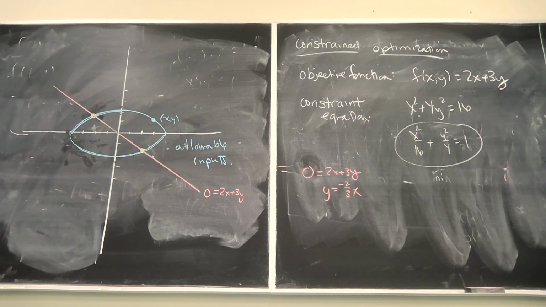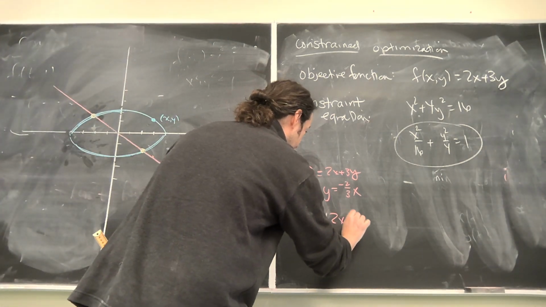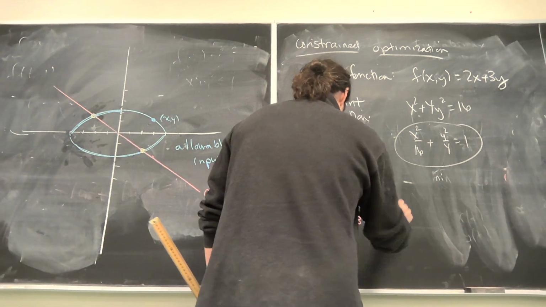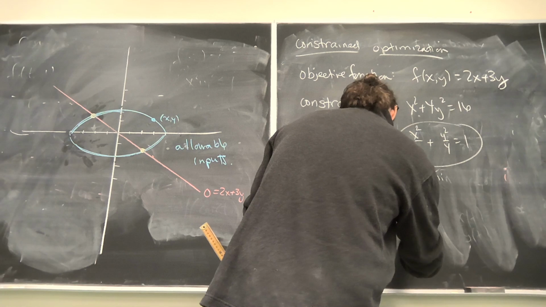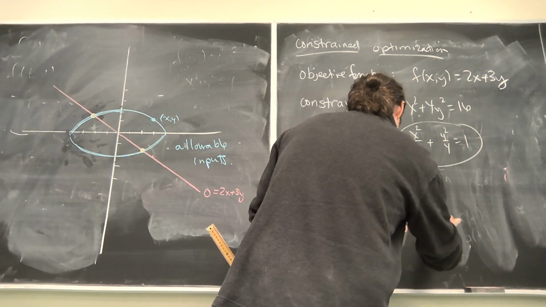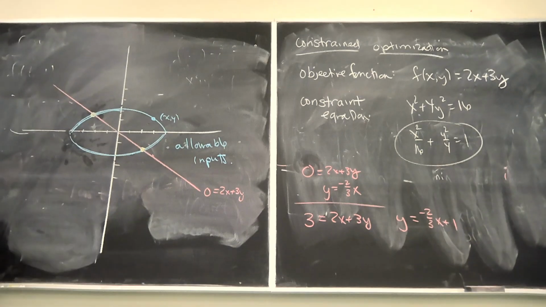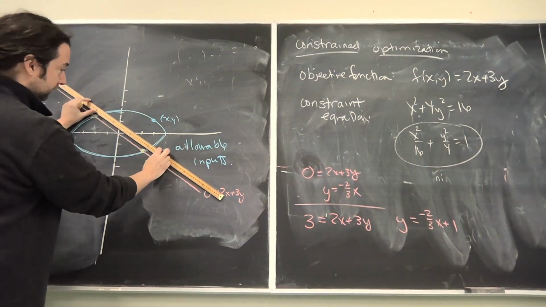Make sense? Okay, let's check another point. What if I put 3 is equal to 2x plus 3y, just to make my life easy? Well, if 3 was equal to 2x plus 3y, that would happen when y is equal to minus 2/3 x plus 1. And that looks like this.